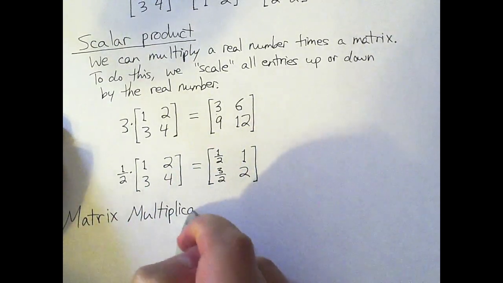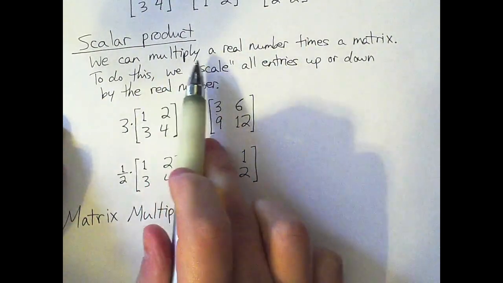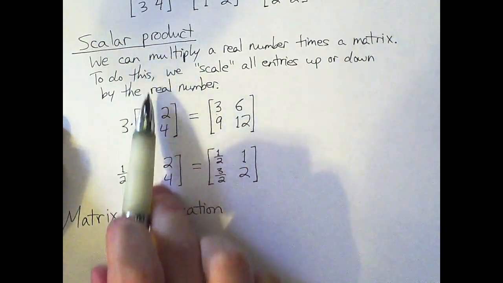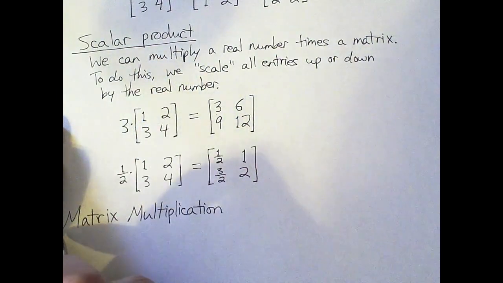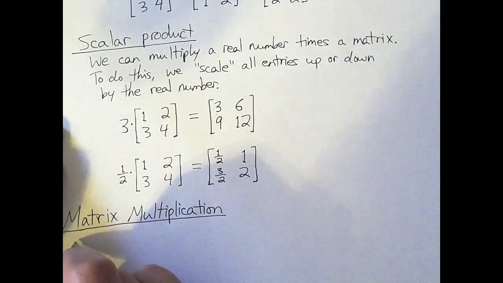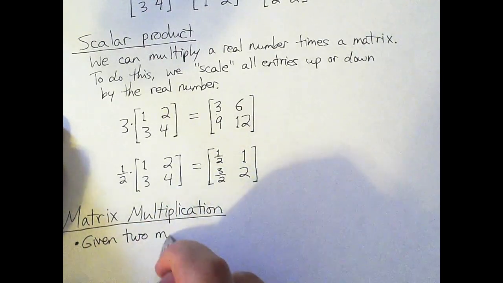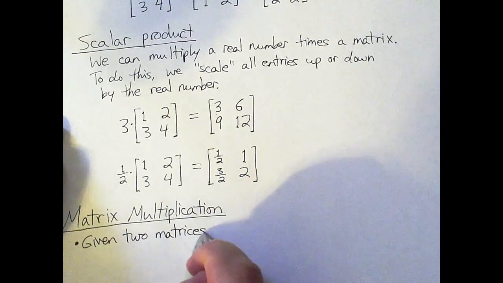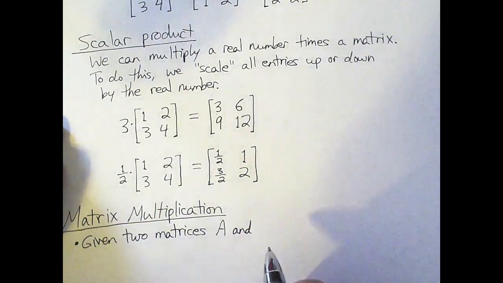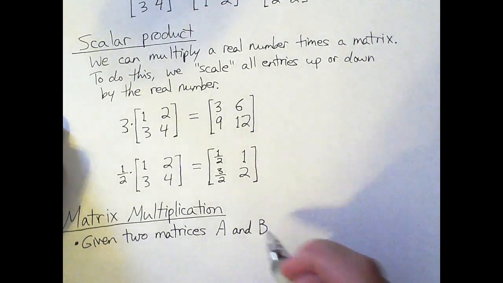And this is different from the scalar product. In the scalar product, we multiplied, right? I mean, that could be called scalar multiplication because it involved multiplication. But now we're talking about a matrix times a matrix. So, given two matrices, A and B, we're going to start referring to matrices by just uppercase letters sometimes.